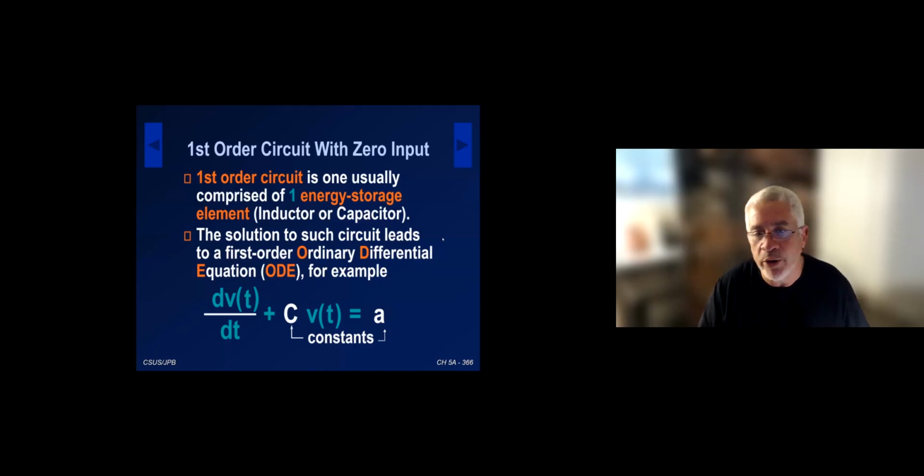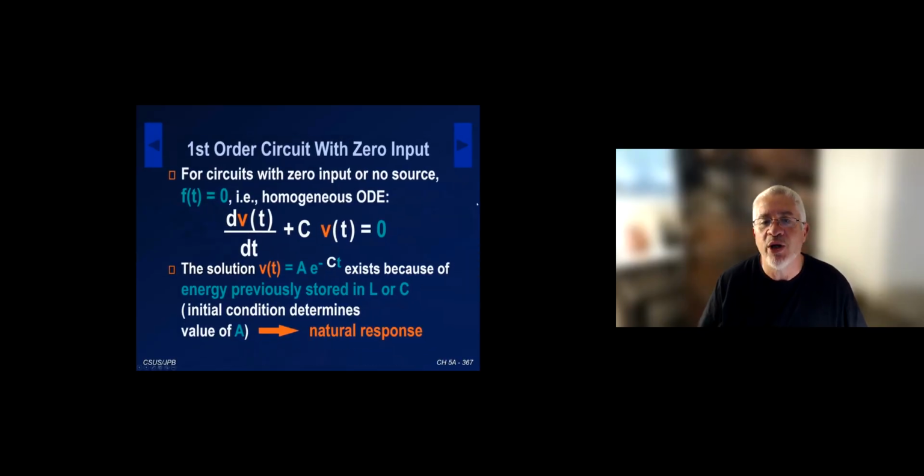Before I go to the document camera, let's look at the solution to this first order differential equation, which, in terms of first order circuits, is all we're going to be solving. The first case we're going to look at is the case where we have a 0 right-hand side. This is what Math 45 differential equations called the homogeneous differential equation. Generally speaking, there is a solution, if you remember your differential equations, because there is some initial condition on V of t.